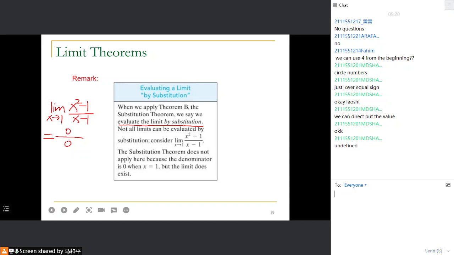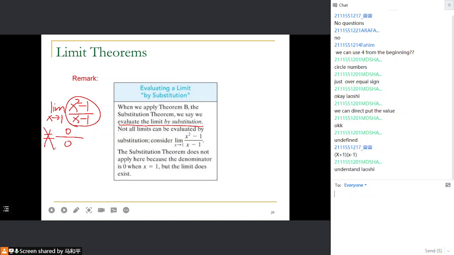So for this one, although this is a rational function, it's not defined. The substitution theorem does not apply here because the denominator is 0 when x is 1, but the limit does exist. Right, we can factor the numerator. We will get the result.